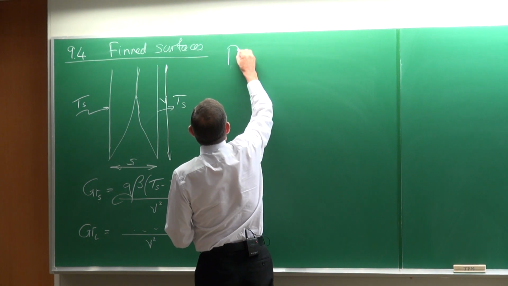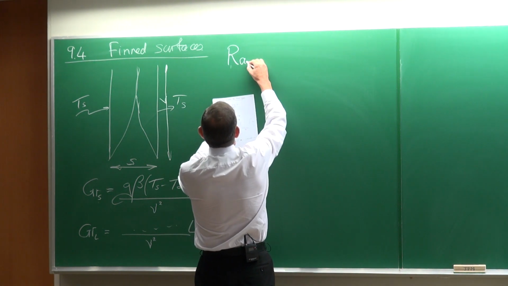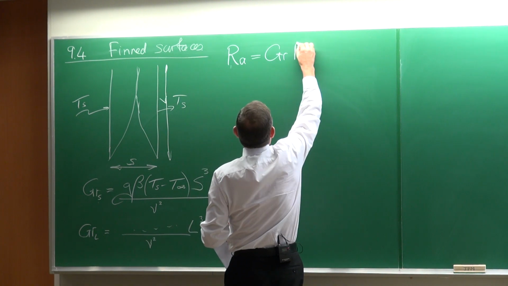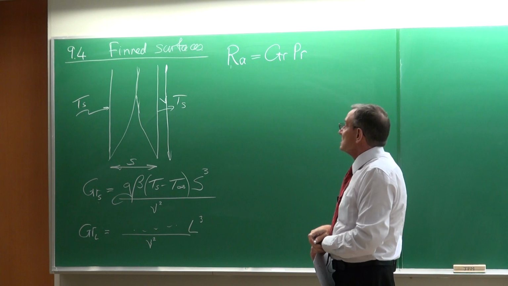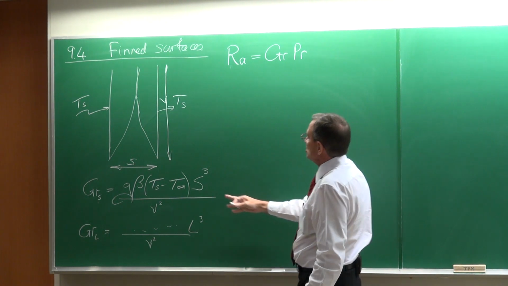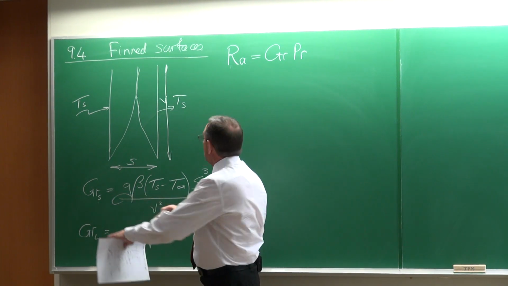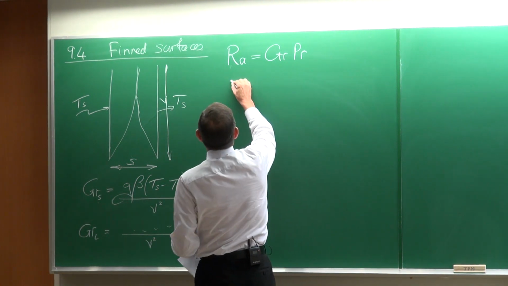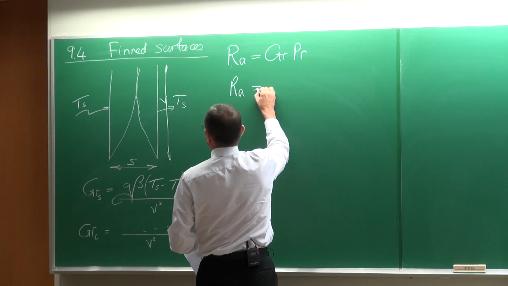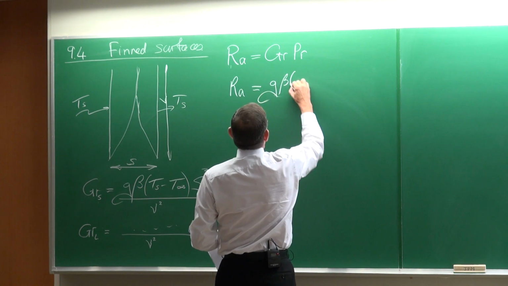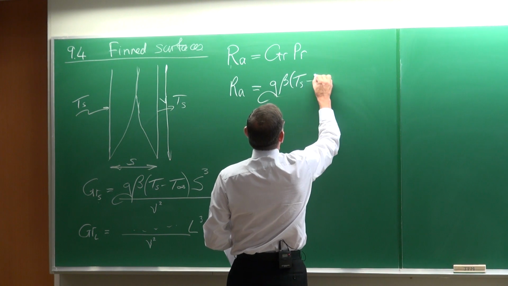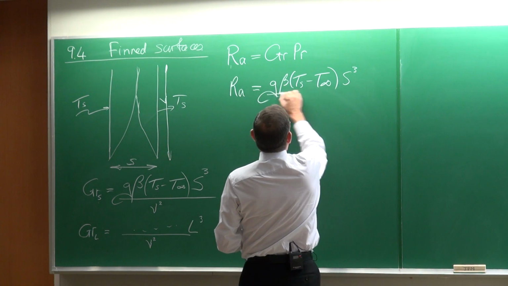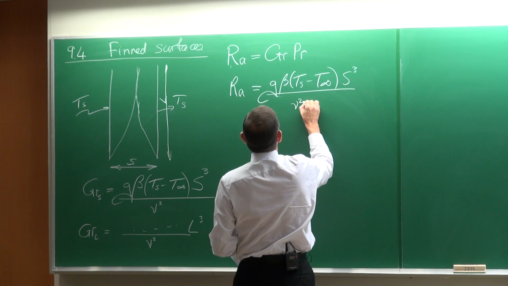In most cases, we are actually interested in the Rayleigh number, which is equal to the Grashof number multiplied by the Prandtl number. With many of these equations, they don't give the Grashof number, but they would immediately give the Rayleigh number. So in this case, for example, the Rayleigh number would be equal to g beta (Ts minus T infinity) S to the third, divided by the kinematic viscosity.